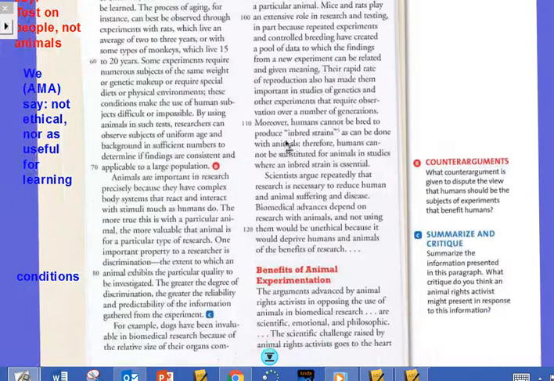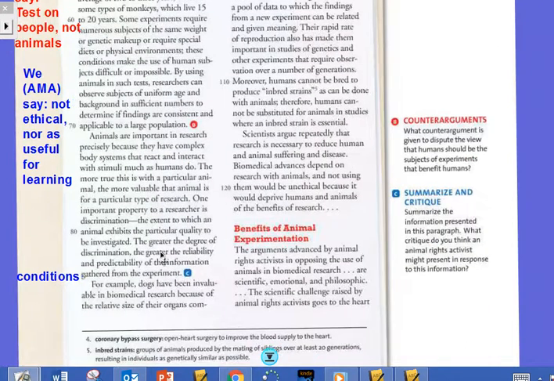The greater the degree of discrimination, the greater the reliability and predictability of the information gathered from the experiment. There's a certain quality the animal has.